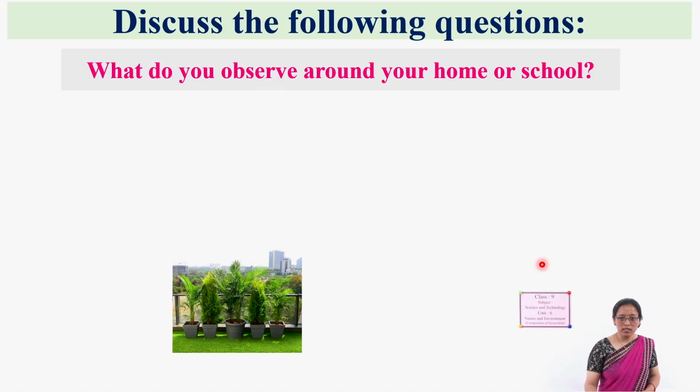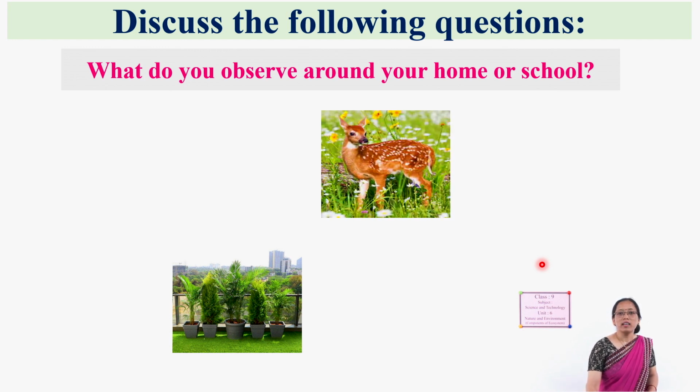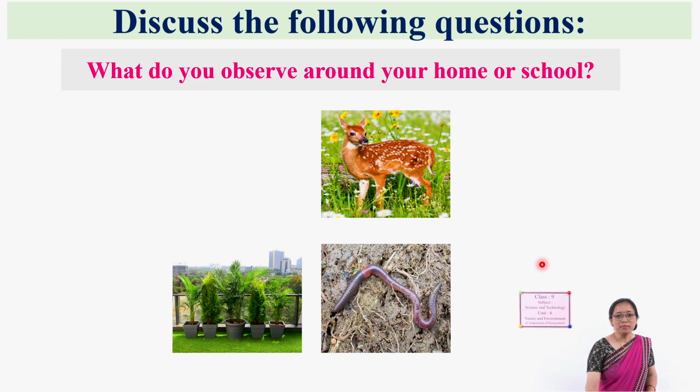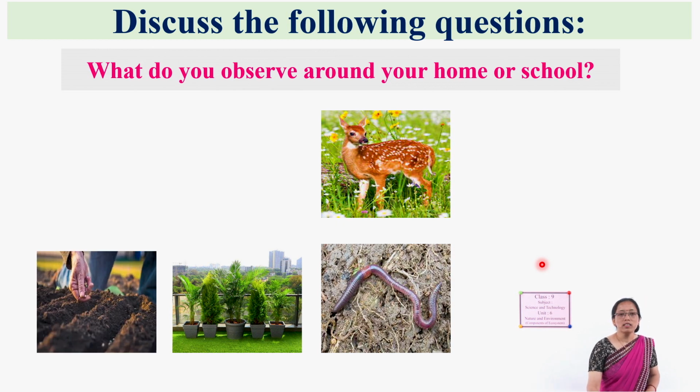There are some plants which are growing in a pot, and there is a deer which is playing in a garden. There is an earthworm crawling on the ground in the soil, and some people sowing seeds in the ground.